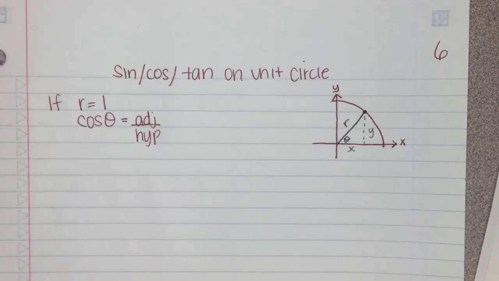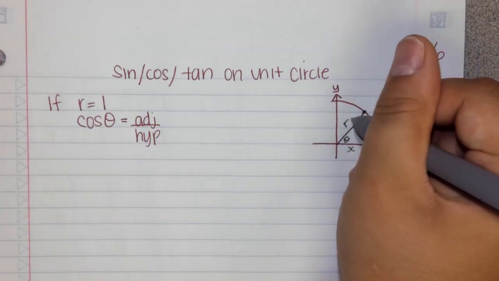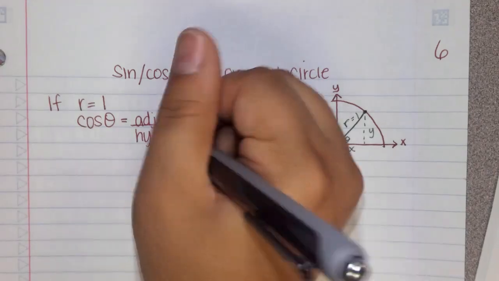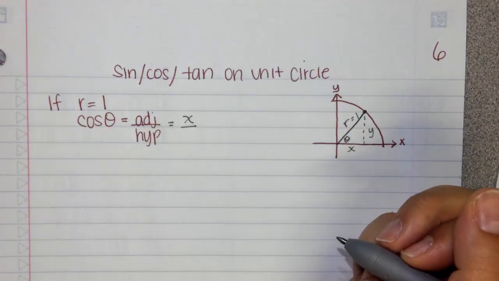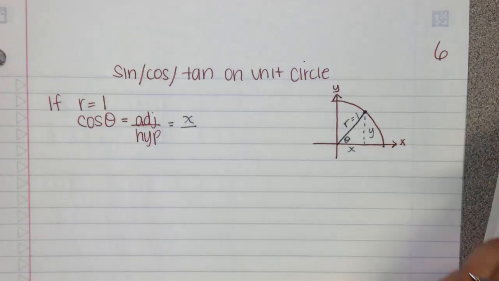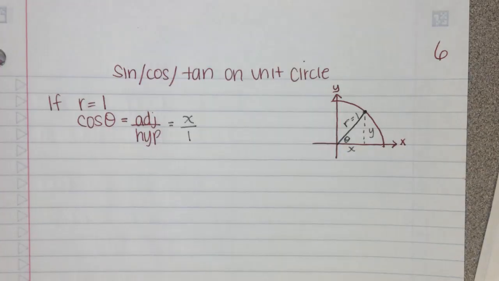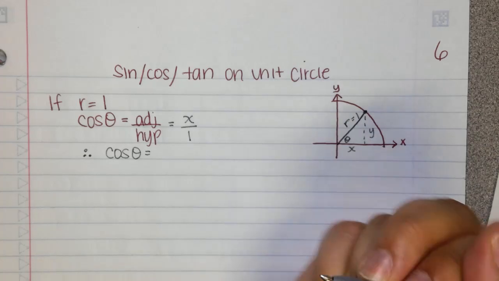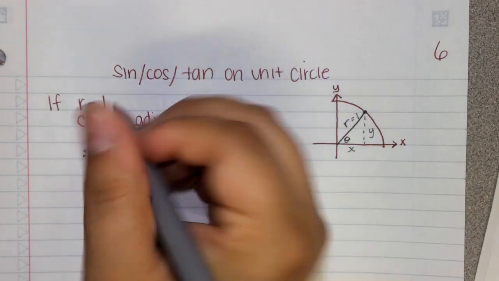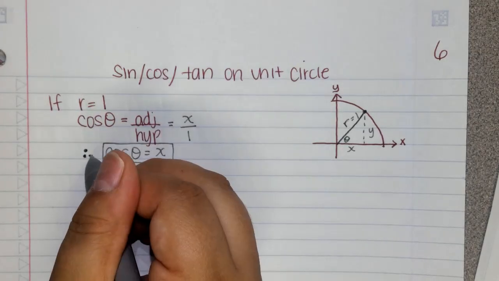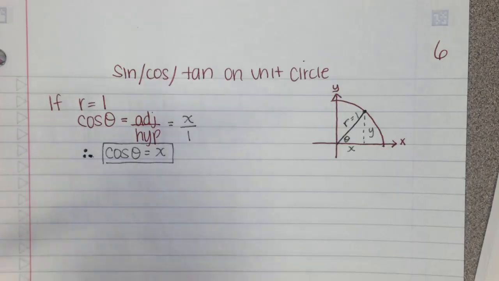For the unit circle, if the radius is 1, what is the adjacent? What variable? The x. What's the hypotenuse? 1. Therefore, what does cosine of theta always equal? X. Y'all have seen the 3 dots like that and know that means therefore, right? Okay.